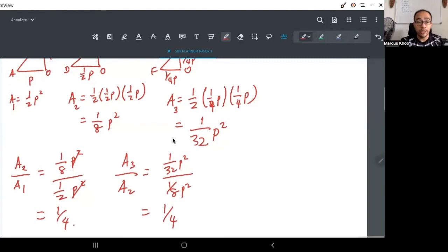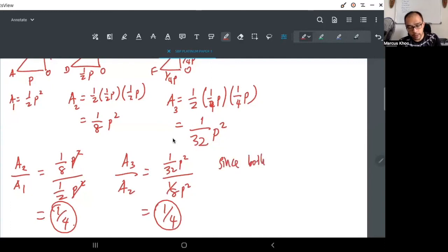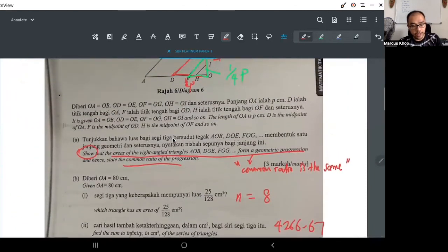Now that you have proven that both common ratios are the same, you can write, since both the common ratios are the same, therefore the areas of the right angle triangles AOB will form a geometric progression.